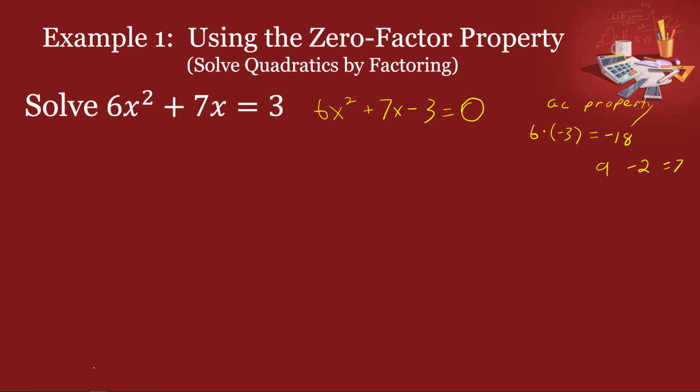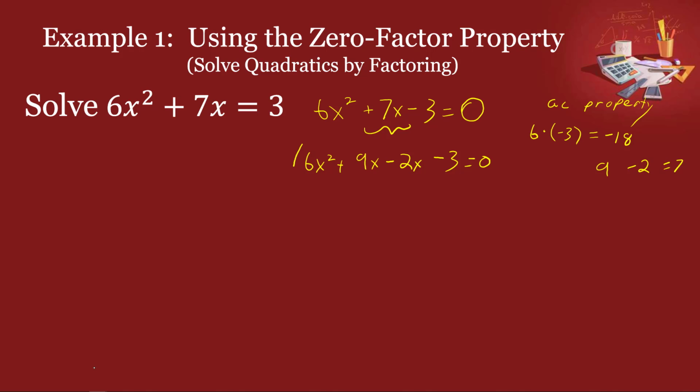So we can rewrite the middle term of 7x as 9x minus 2x, and then of course we can bring the rest of it down, minus 3, and then we would have 6x squared up here. And this will be equal to 0. And then we can use the grouping property that we hopefully are familiar with.